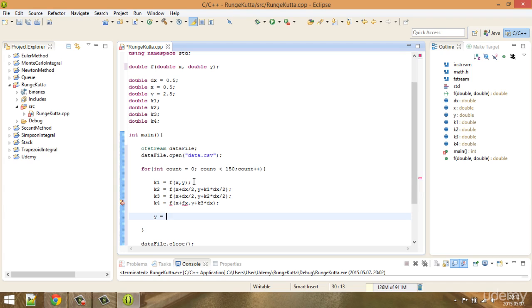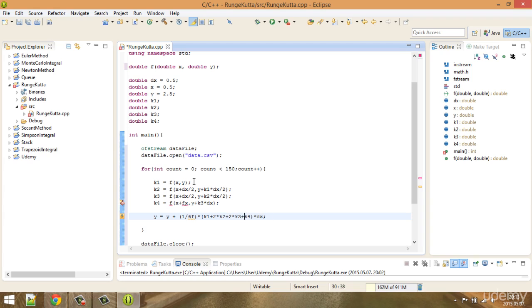And y is equal to y plus 1 divided by 6 times k1 plus 2 times k2 plus 2 times k3 plus k4, times dx.